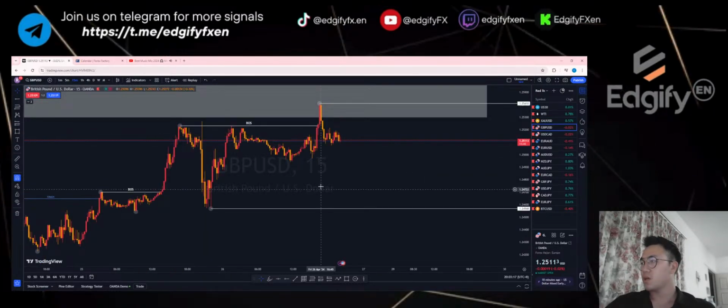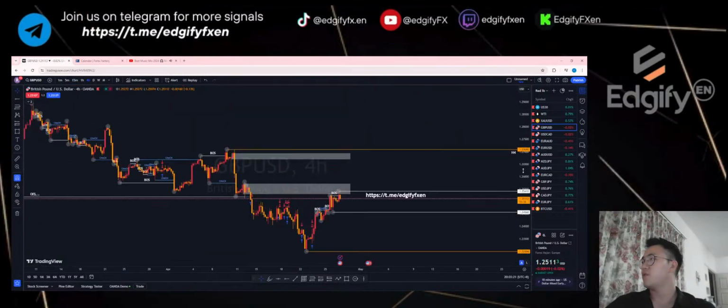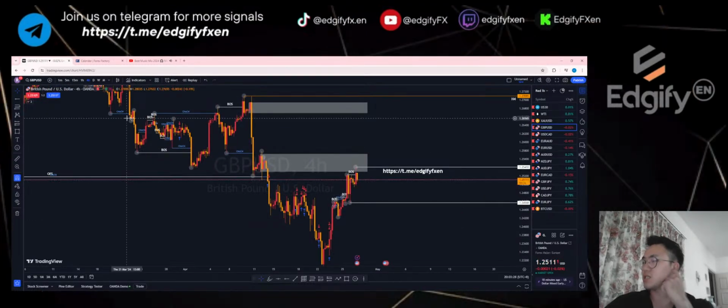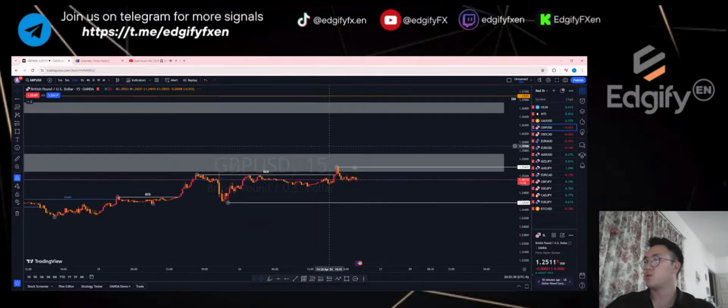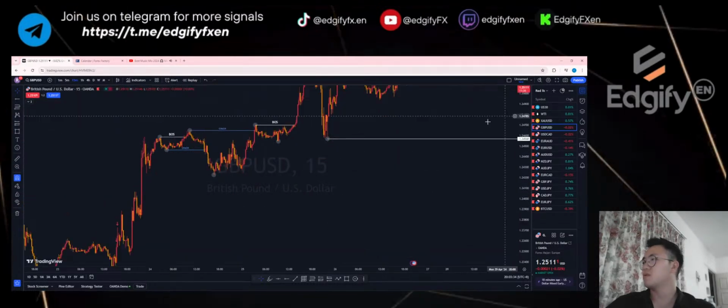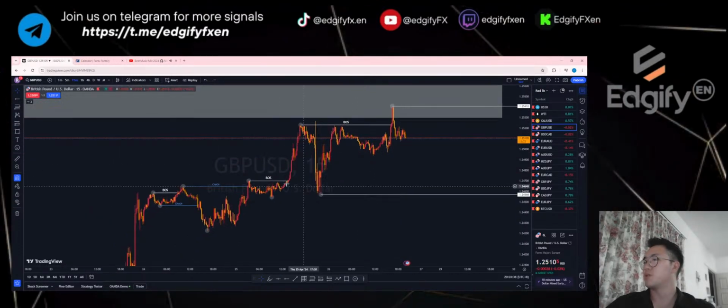As for GBPUSD, on hour 4 we were waiting for this zone to be tapped since yesterday. Finally it did tap in today. On the hour 4 we are looking to sell, but on the 15 you notice the price is going upwards.